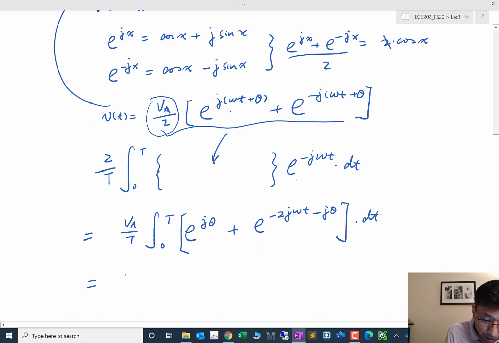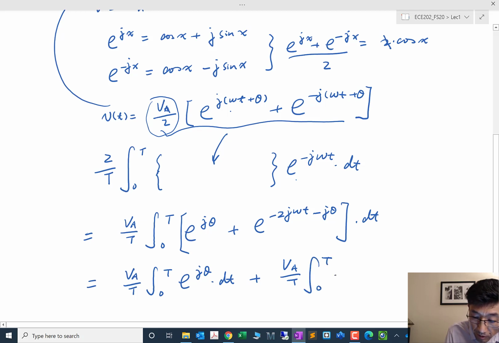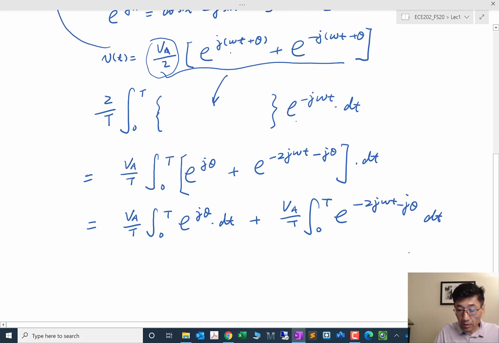And this part, we can break this integration into two integrations. VA over T, 0 to T, e to the j theta dt, plus VA over T from 0 to T, e to the minus 2j omega t minus j theta dt. Actually, minus. Although this doesn't really change the final result, it should be minus here.